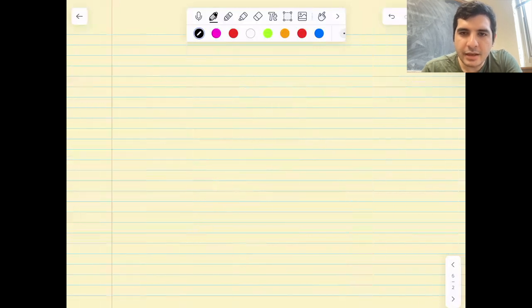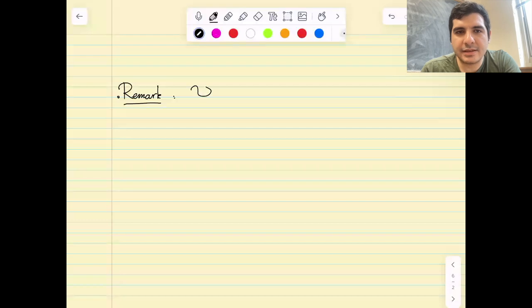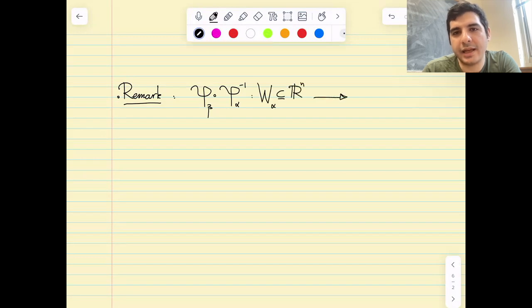Now, there are a few things to note. First remark, it makes sense to say these maps are smooth or not. Why is that? This composition of phi beta and phi alpha inverse is defined on W alpha, which is an open subset of Rn, and the target is also a subset of Rn.